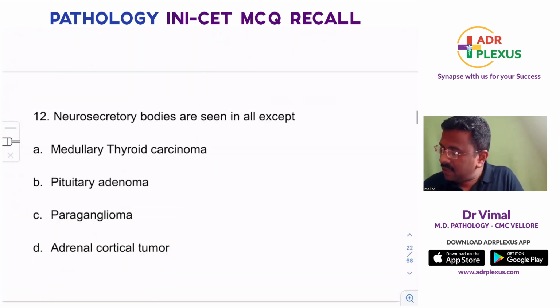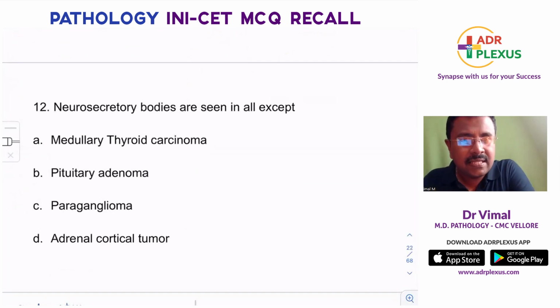Yes. And moving on to the other question. Neurosecretory bodies are seen in all except. So what are these neurosecretory bodies? They contain neurosecretory granules inside the cytoplasm of the cell, especially in neuroendocrine tumors. Inside neuroendocrine tumors, the cells have a lot of these neurosecretory granules, and these granules contain enzymes or hormones that are released.